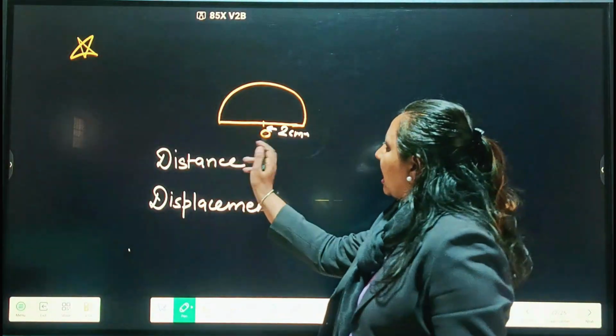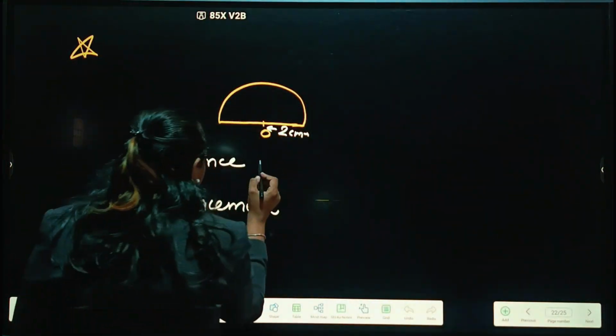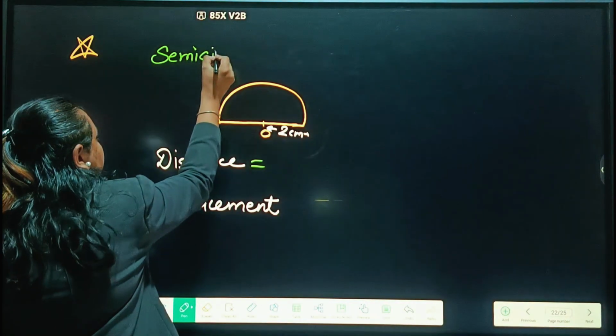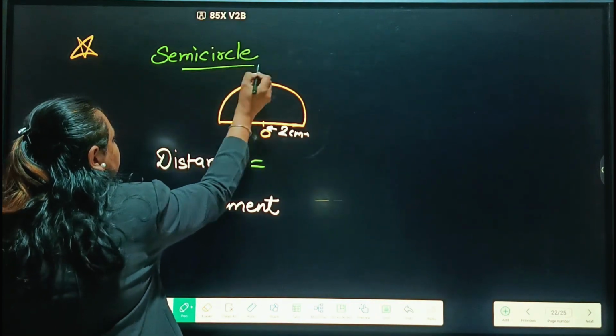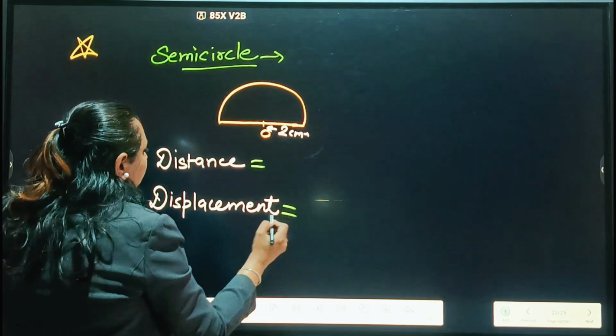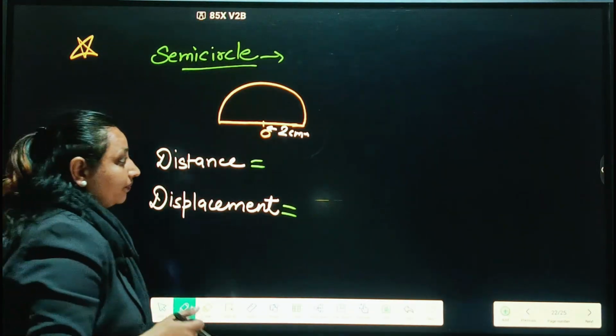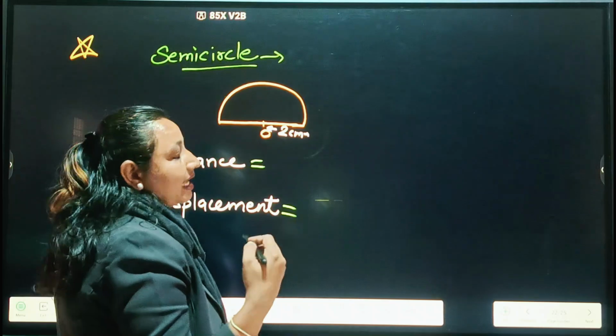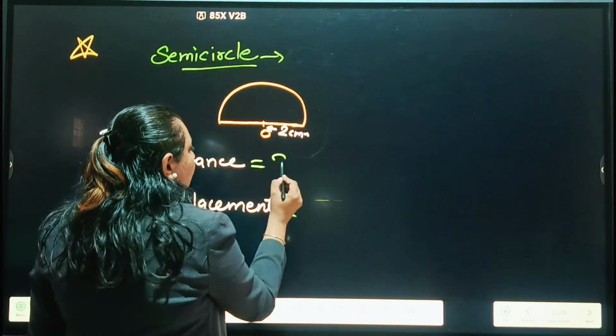Next, in case of semicircle, what is the distance and displacement? Distance is, अगर पूरा सर्कल होता तो 2 pi r, here it is semicircle, तो 2 pi r upon 2.